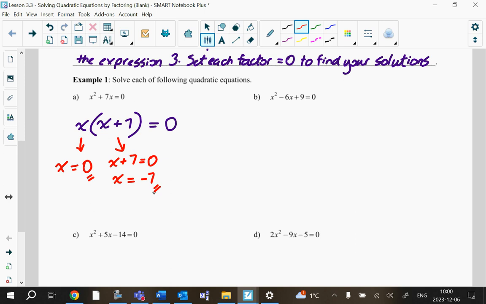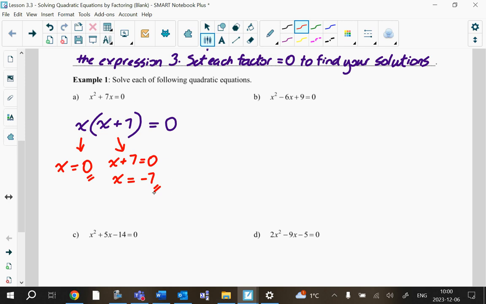So if you've got an x by itself as a factor, one of the answers is always going to be 0. Always. And we can see that this works because 0 squared plus 7 times 0 is 0 plus 0, which is 0.